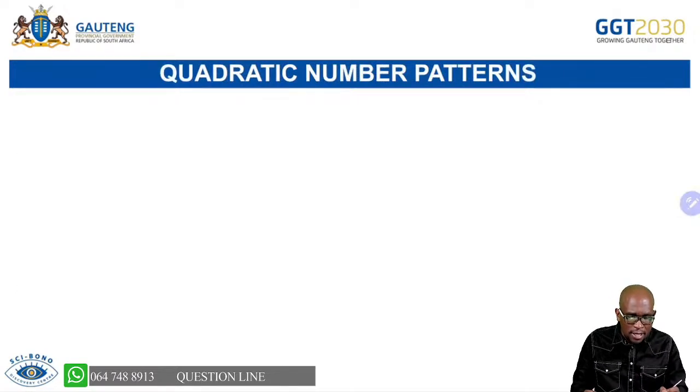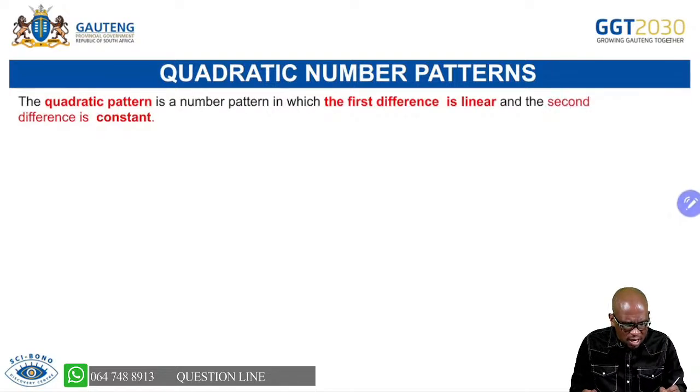Right. Quadratic number patterns. Let us look at the concept that governs quadratic patterns. Now, a quadratic pattern is one where the first difference is linear and the second difference is constant. So it is governed by a linear first difference and a second difference which is constant.